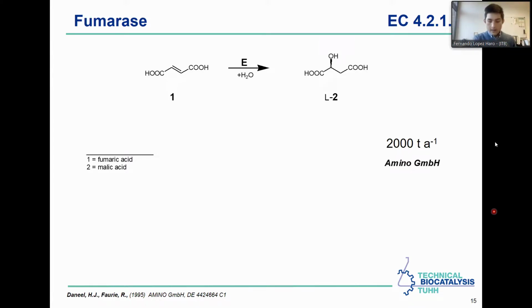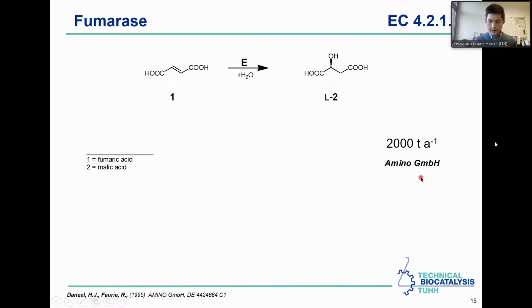Okay, so this is another example that we have. It's called fumarase. In this case, we have an enzyme where we are producing a single product using two substrates. The substrate has the double bond, and we are adding water to create malic acid.